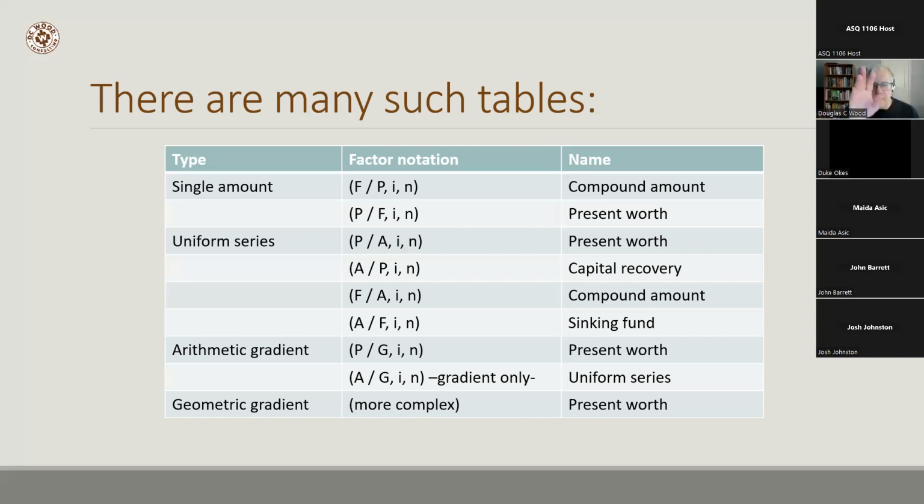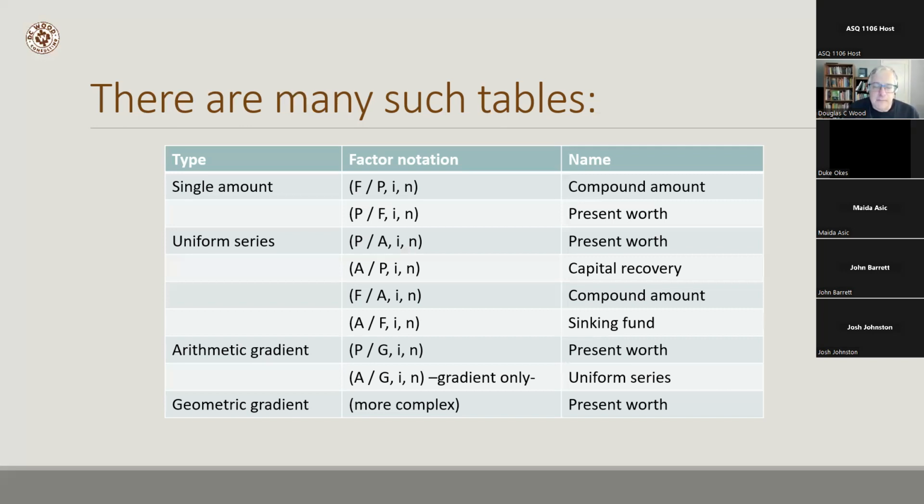But you can see all of these are pretty simple mathematical tables. If you want to find an annual amount, you have a present amount, that is $9,000 you borrowed, and you want to find the annual amount that equals that, then A/P is what you use.